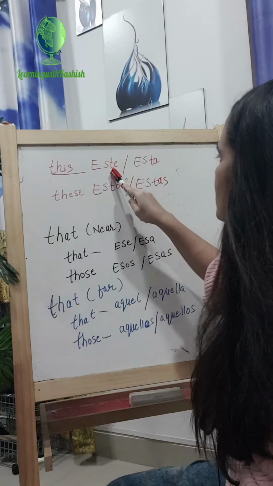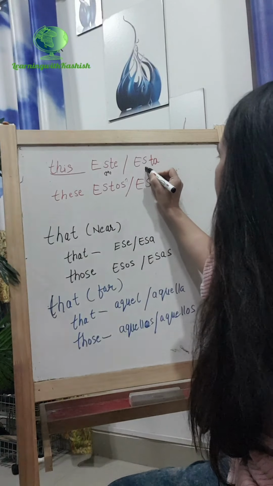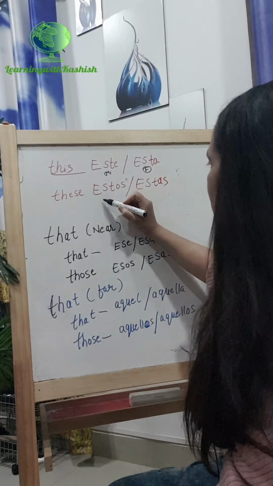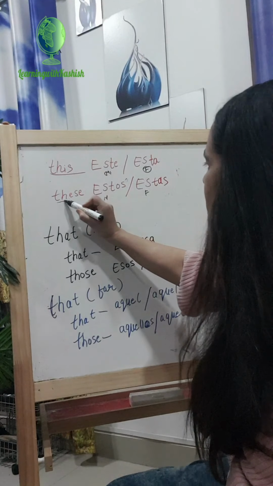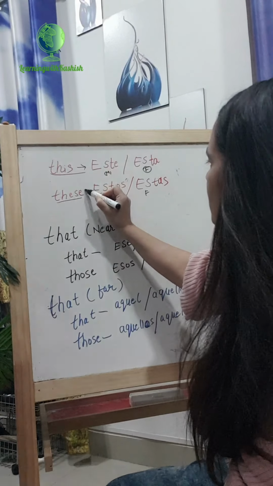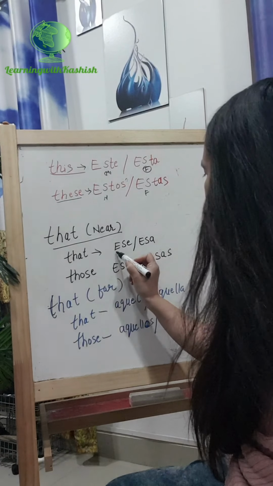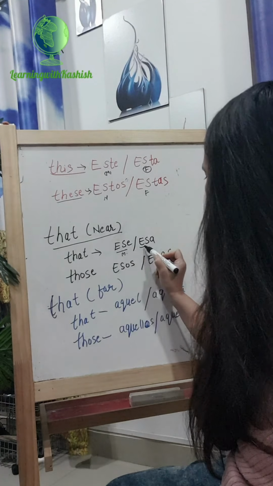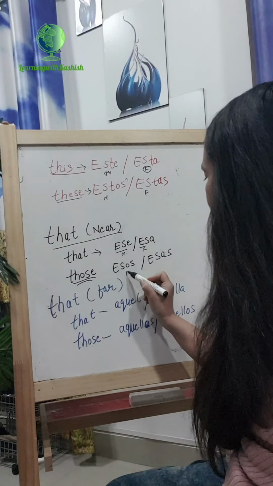For this we will use este, masculine, esta, feminine, and estos, estas, these. And for that which is near, we use ese masculine and esa feminine, then those, esos masculine and esas feminine.